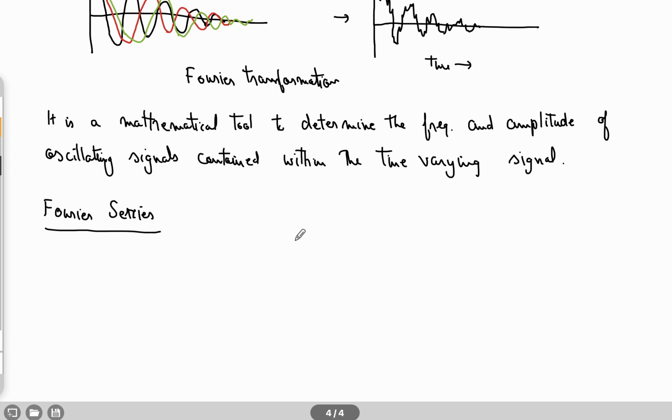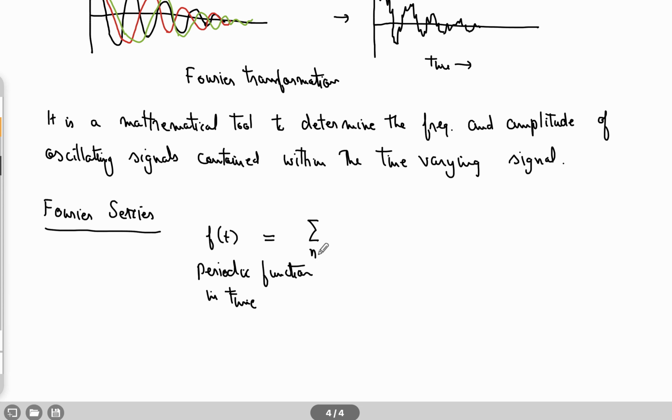When I say Fourier series, I mean that any periodic function, let us say f(t), any periodic function in time, can be thought of or expressed as a linear combination of sines and cosines.